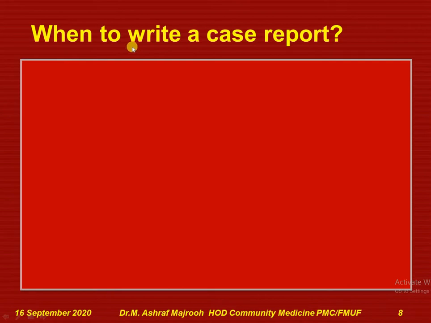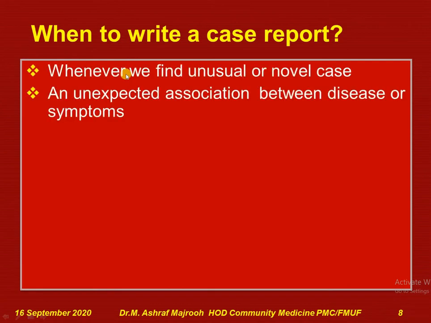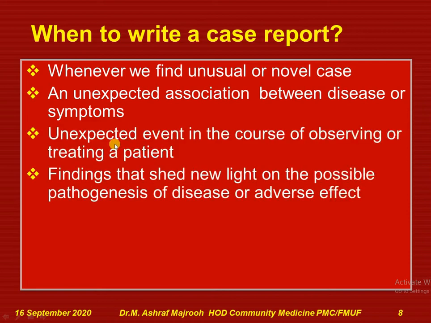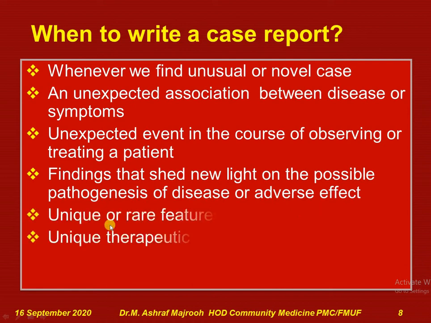When to write a case report? Whenever we find an unusual or novel case, it should be reported and published. An unexpected association between diseases or symptoms should also be reported. Unexpected events in the course of observing or treating a patient, findings that shed new light on the possible pathogenesis of the disease or adverse effect may also be reported.